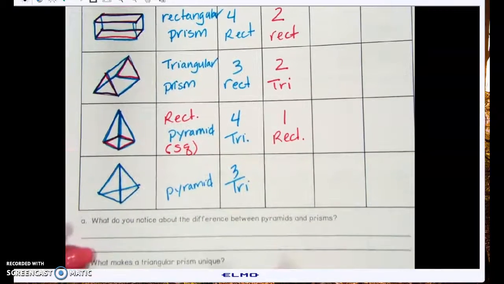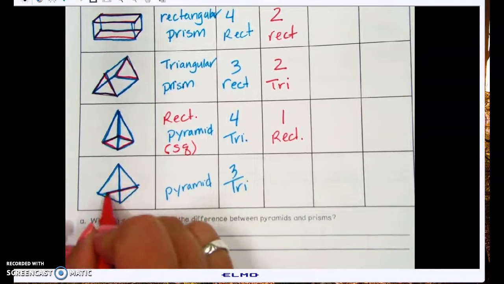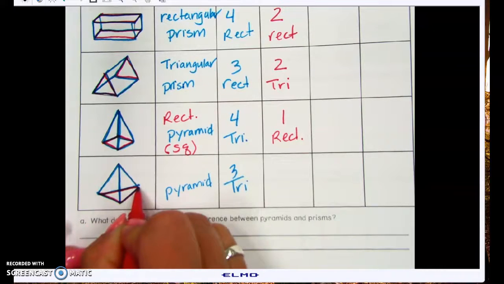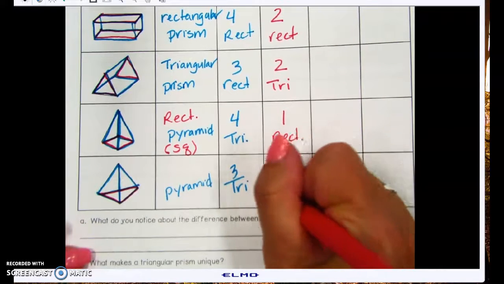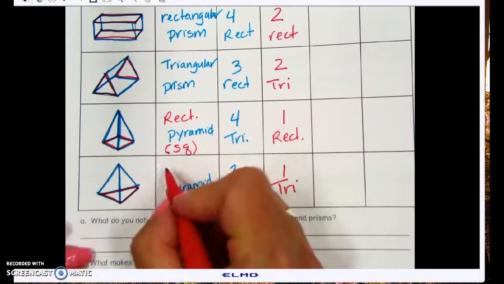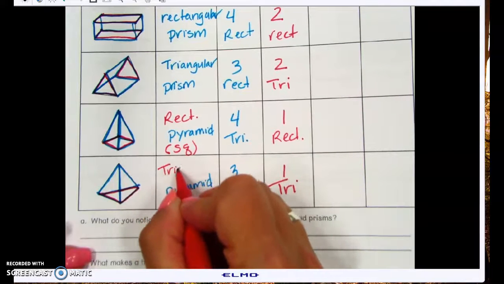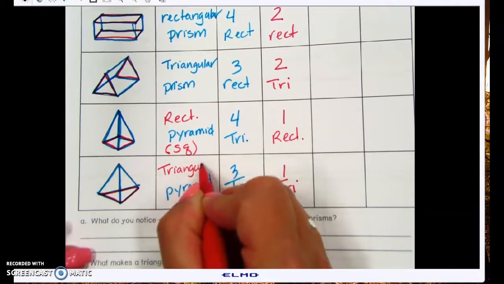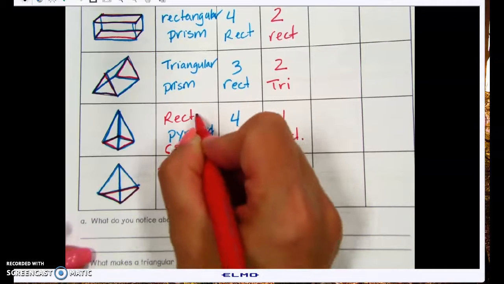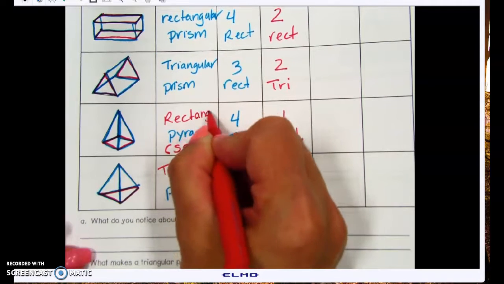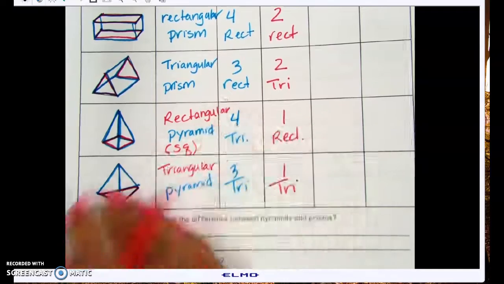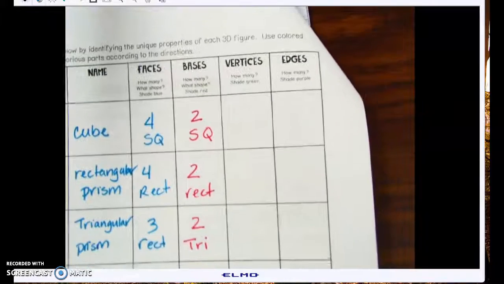Now let's go down here. What's the name of this pyramid? Well, my base is, again, 1 triangle this time. So this is a triangular pyramid. I should write this out. Rectangular.